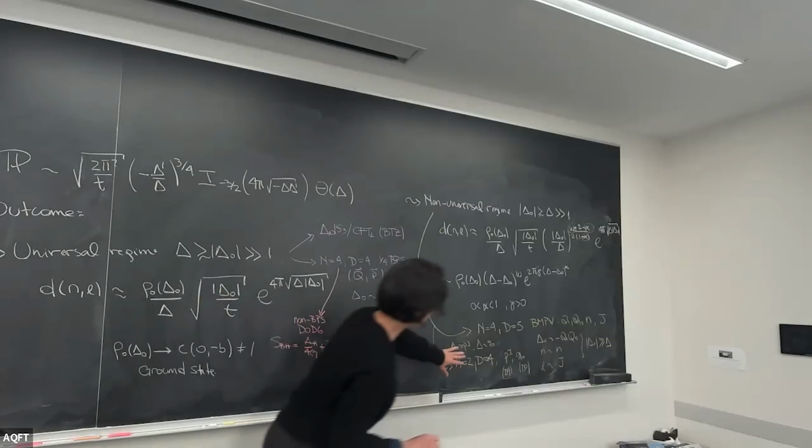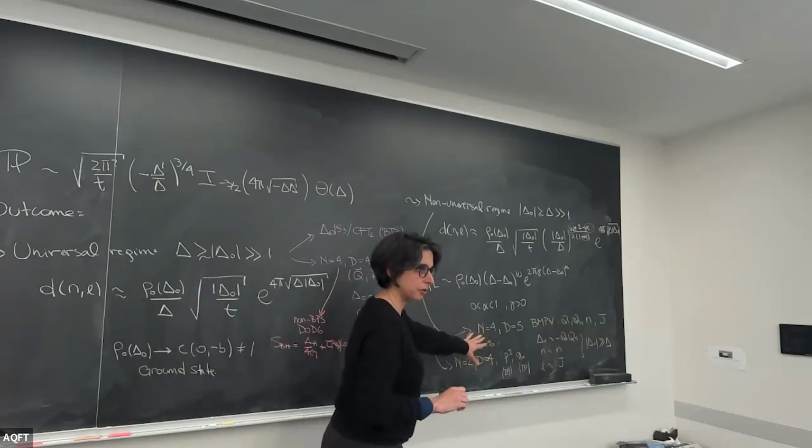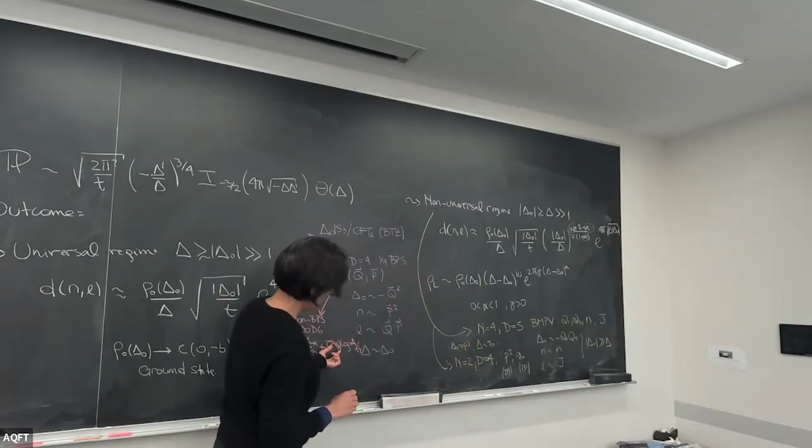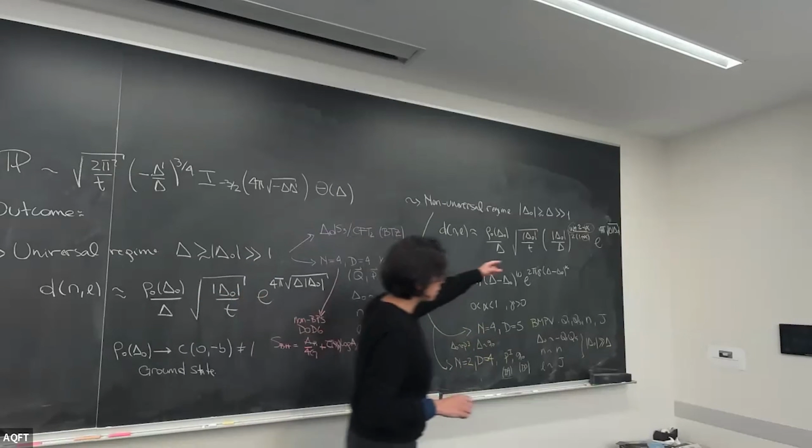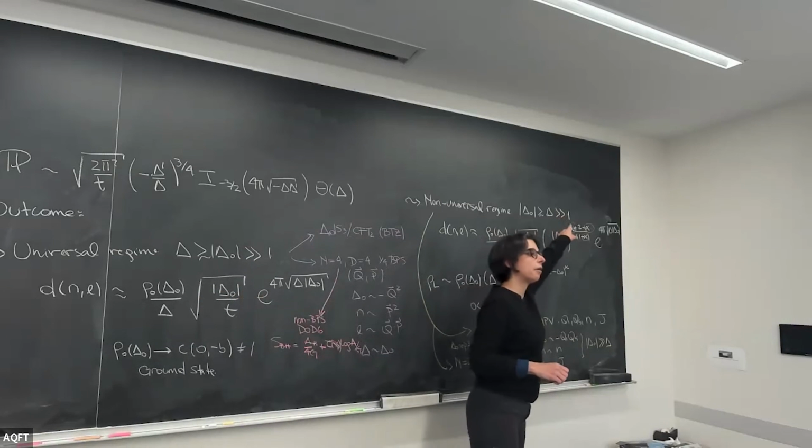Q over P, roughly speaking, maps to deltas and delta naughts. So if I get something with a dependence of delta times delta naught in front of the log, it means that I should have gotten formulas that look like the power of delta over delta naught.